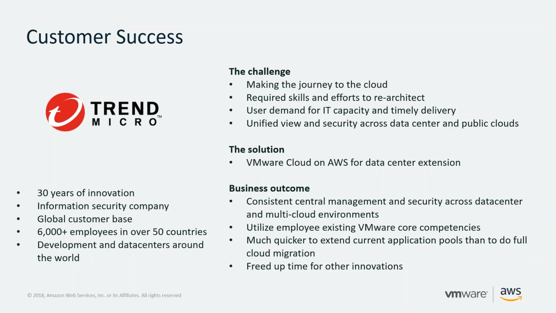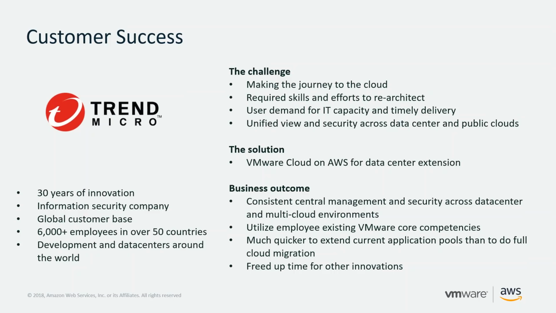So meaning that they can manage their on-premises environment as far as the VMs with VMware Cloud on AWS and the VMs that exist in there as well. They're able to utilize employees who have existing VMware core competencies. So pretty much the same skill set that they had for their on-premises VMware-based environment was leveraged for their deployment of VMware Cloud on AWS.